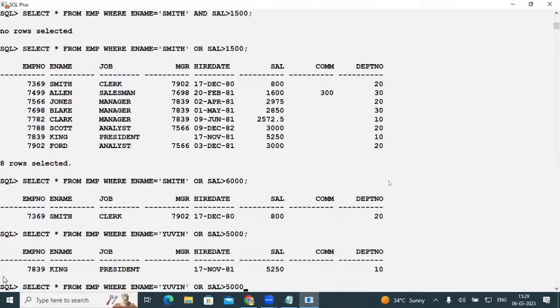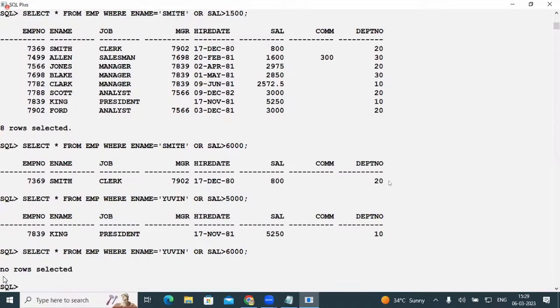Now, if I am giving here 6,000, first condition, second condition, false, false, no row. This is OR operator. Understand now? If any one condition is true or both conditions are true, then it returns values. When both conditions are false, no return value. Okay? Write down below.